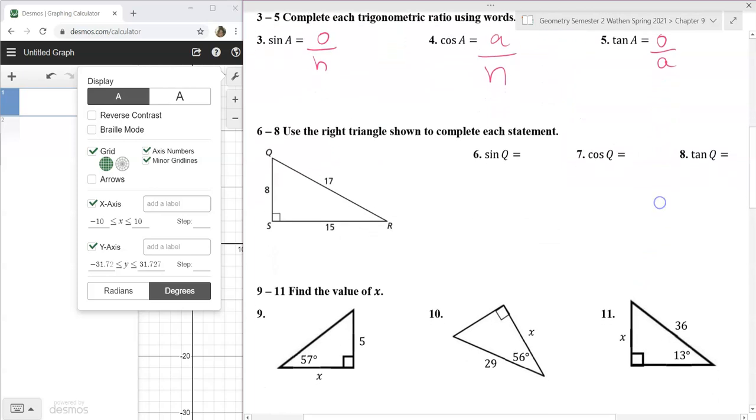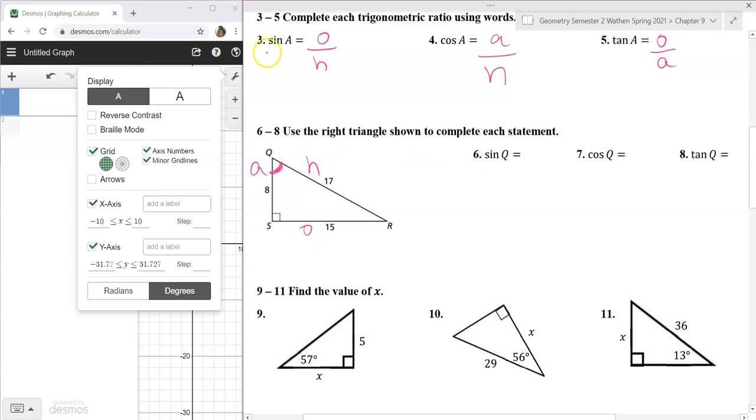On number 6 through 8, we're using the right triangle to complete each statement. So notice how each of these uses Q, right? There's no other angles. So I'm going to label this triangle based on Q. I have my hypotenuse, which is always across from that 90-degree angle, my opposite, and my adjacent.